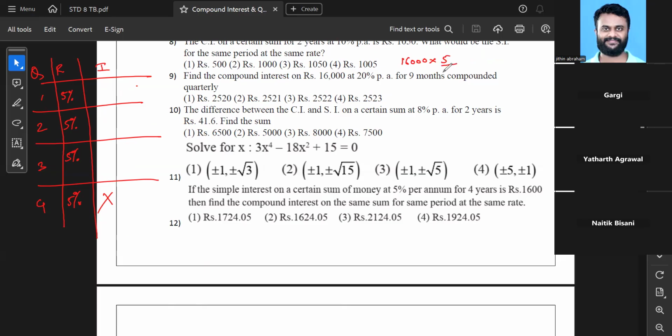So the first quarter interest rate is 5%. That gives me 800. So 800 is the interest of the first quarter. Do you understand this much?